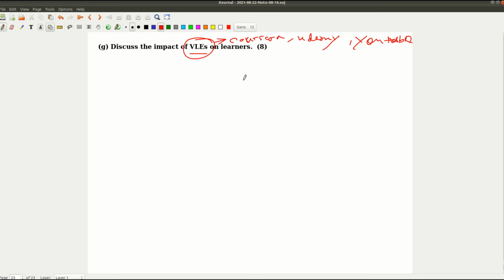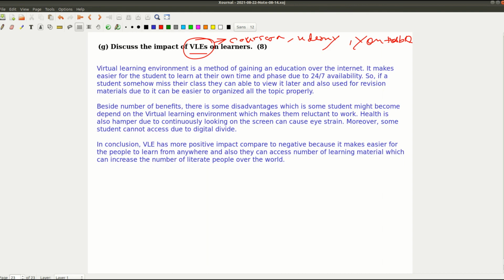You have to describe this. So, this is the answer to this question, where it's saying a virtual learning environment is a method of gaining an education over the internet. So we can gain education from the internet. It makes it easier for the student to learn at their own time and pace due to 24/7 availability, because you can easily access it at any time.